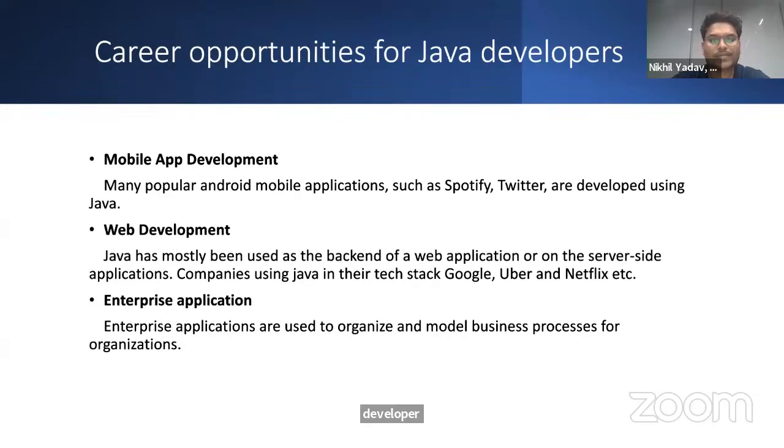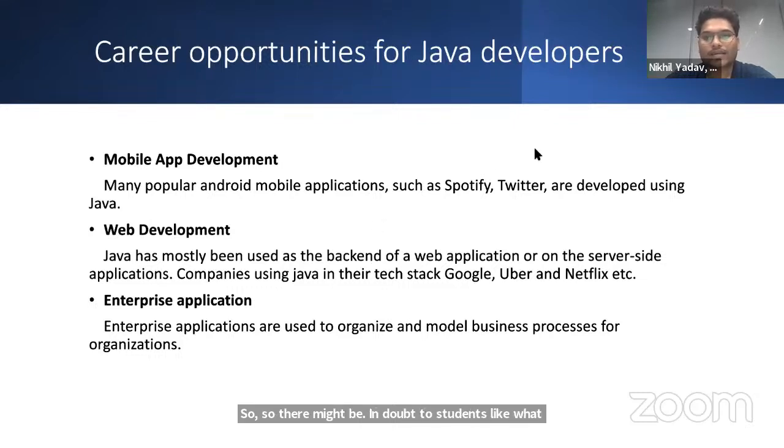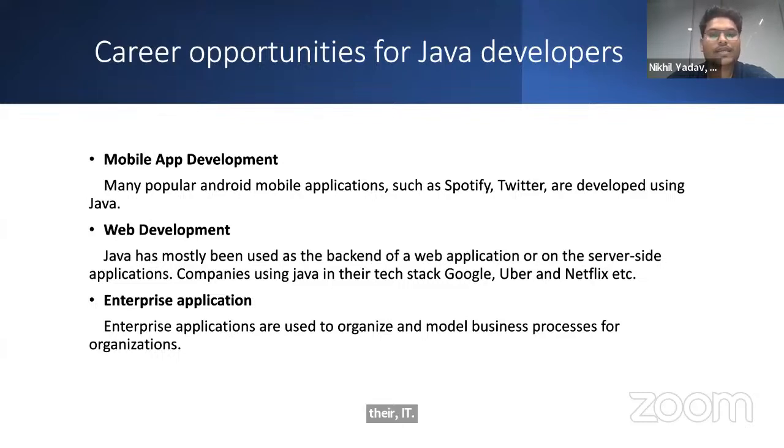There might be a doubt among students about what the scope is for Java developers. Currently there is a trend in the industry for a Java development career. Most industries are using Java as a language for their app development. We can see specific areas where Java is frequently used.